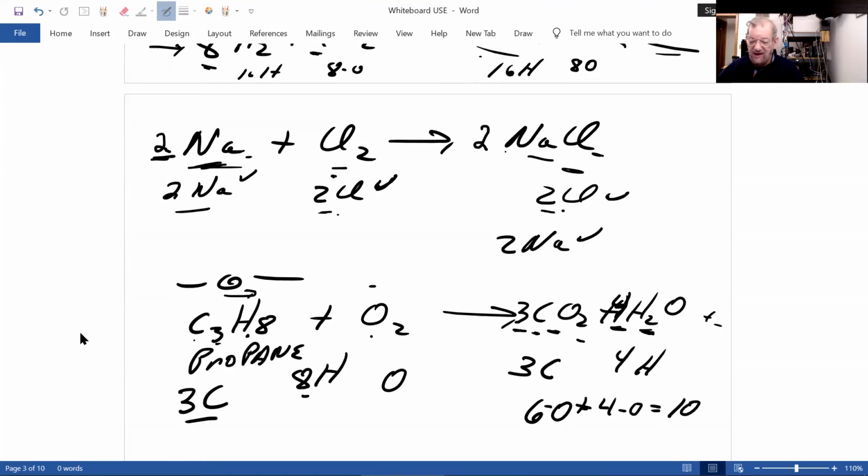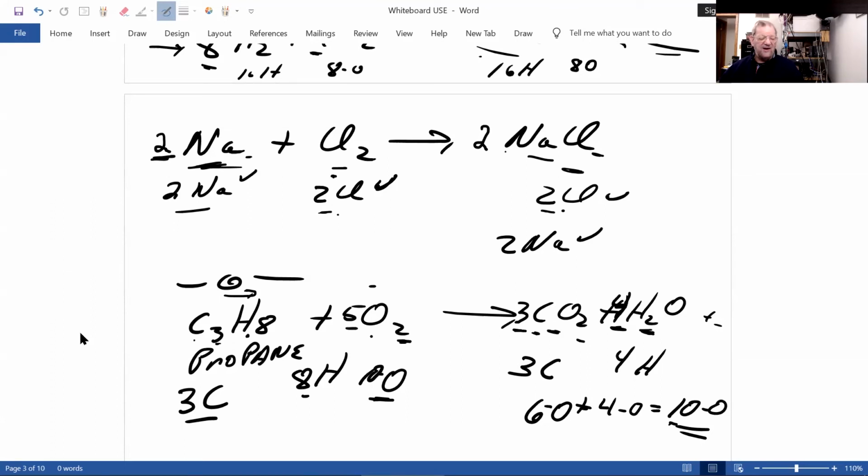Therefore, we really have 10 oxygen on this side. Oh, how do I get 10 on here? Well, there are 2 in each one of these. 2 into 10 is 5. And 5 times 2 is 10.